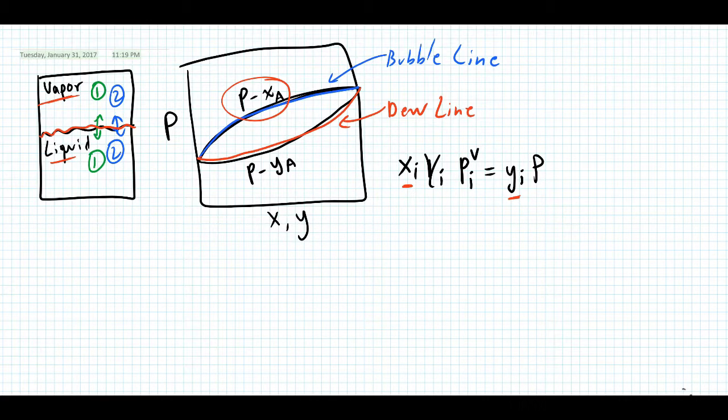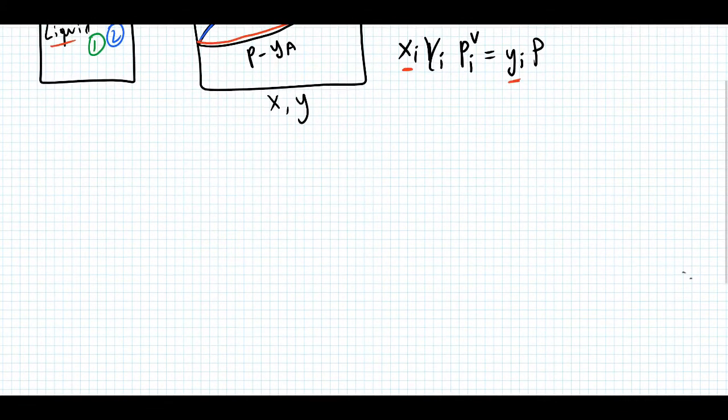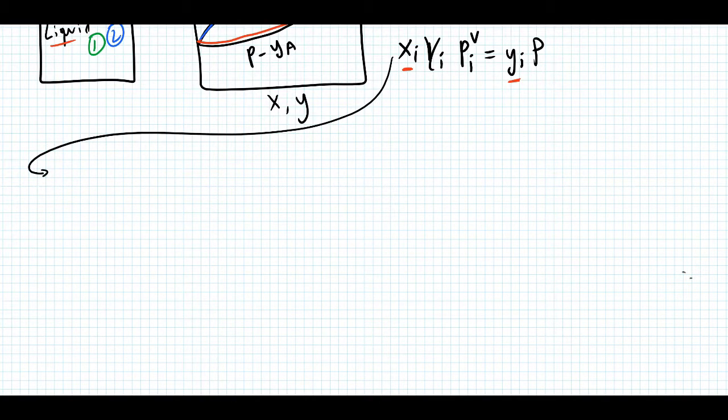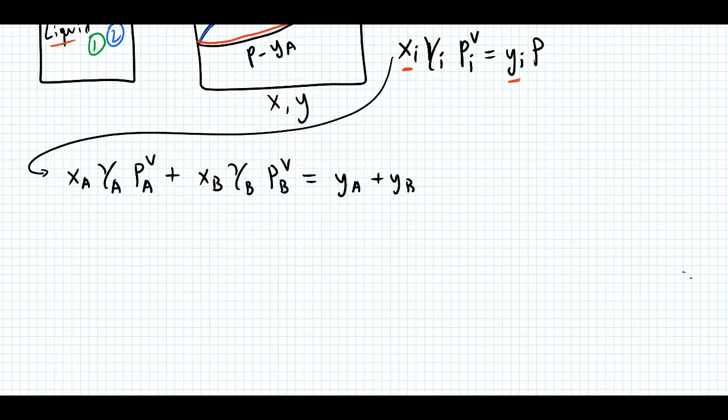So let's go ahead and expand this to write P as a function of xa. We can expand this as follows: xa times gamma a times PAV plus xb times gamma b times PBV is equal to ya plus yb times P, where we factor out P, the total pressure of the vapor phase.